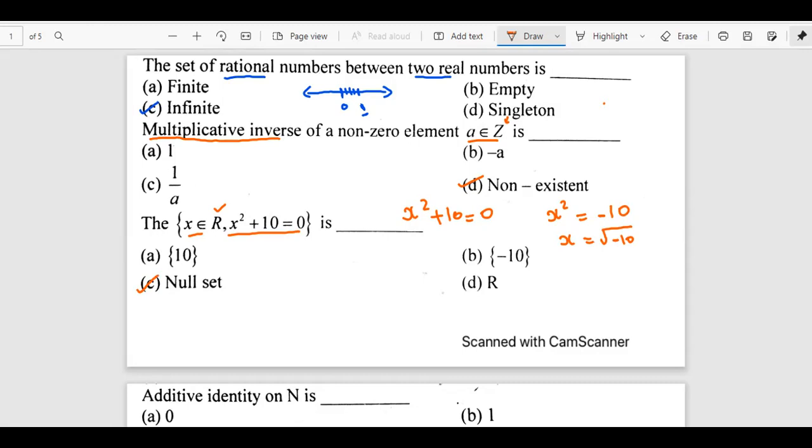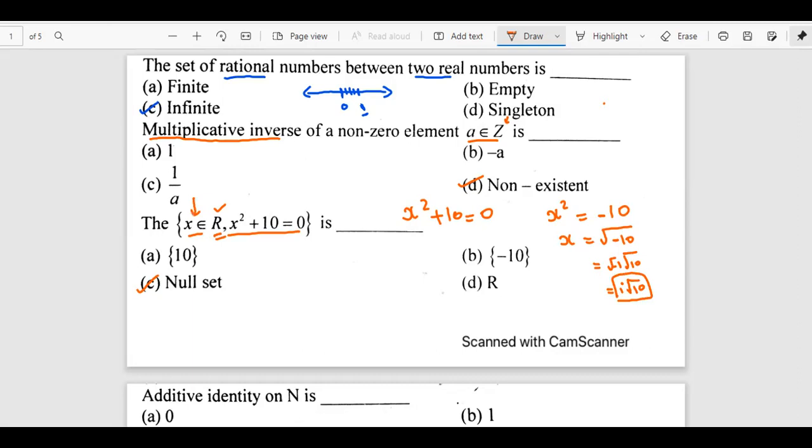So I can write it as iota. First, I can write it as under root minus 1 into under root 10, and then I can write it as iota under root 10. Now I know that this iota under root 10 is not a real number, it is a complex number, and in this set I have real numbers only.